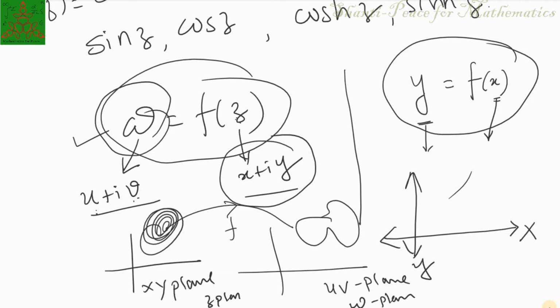So to understand this function, we require two planes. To represent xy, we have the xy plane, and to represent uv, we have the uv plane.